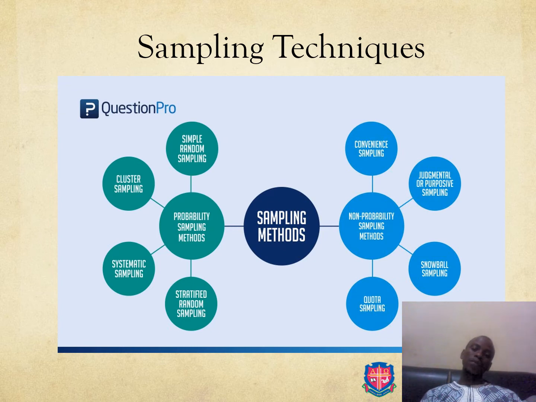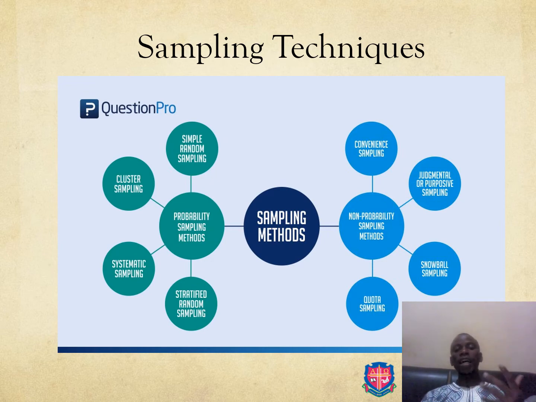And I was saying that not every random sampling technique gives all elements an equal chance to be selected. It's only simple random sampling which gives every element an equal chance to be selected.